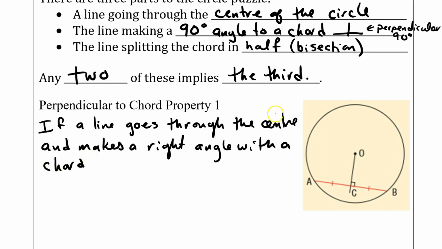So we have a line that goes through the center, that's one, and it makes a right angle or is perpendicular to the chord, so that's the second one. Then we have the perpendicular, we have the line going through the center of the circle, and what does that imply? It implies that that chord AB is bisected.